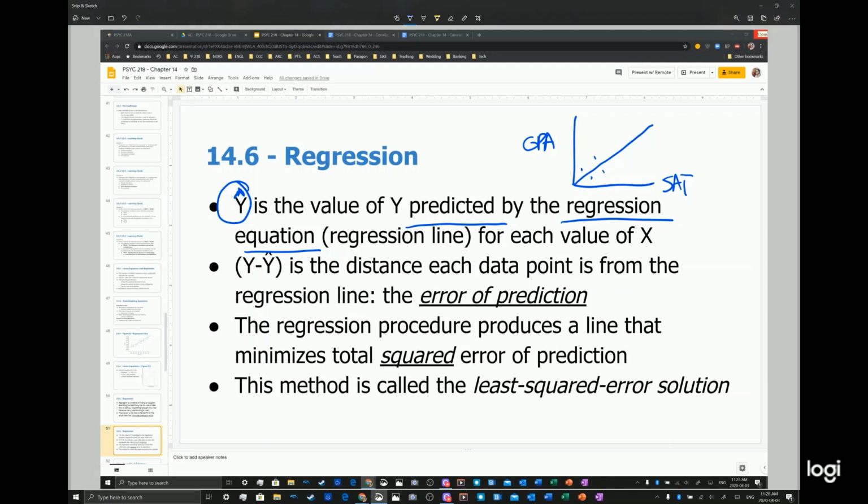Some would, let's say, do better at the SAT but perform not as well. Let's say this one right here, for example.